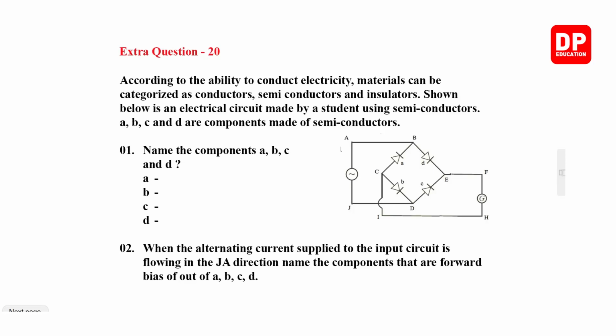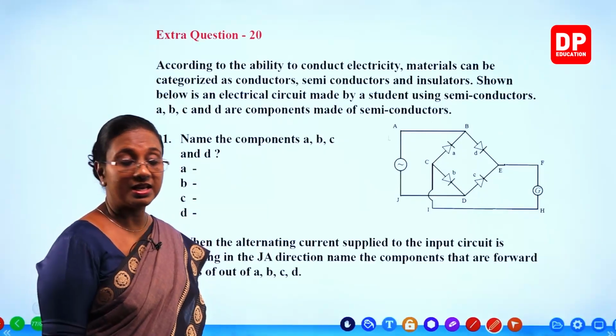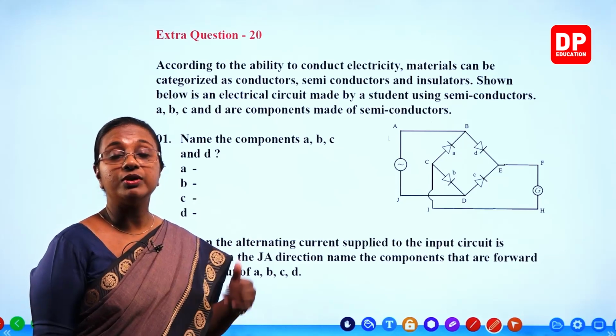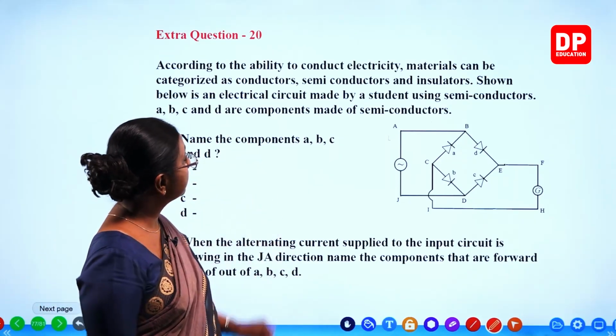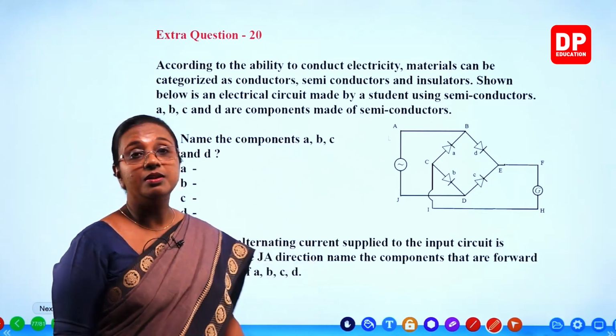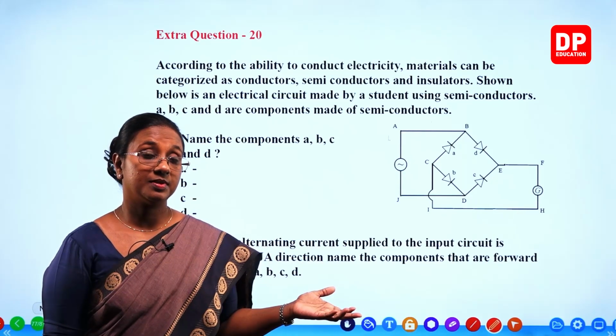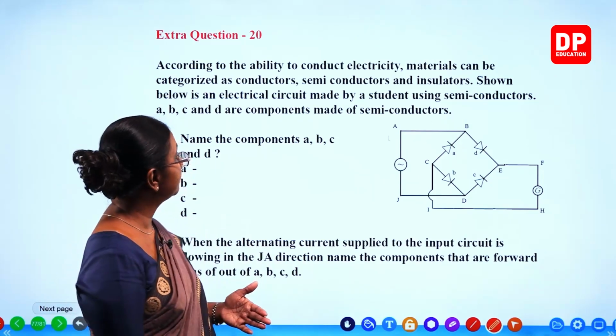Here I have extra question 20. According to the ability to conduct electricity, materials can be categorized as conductors, semiconductors and insulators. You are familiar with all that. Conductors allow current to flow easily through them, whereas semiconductors allow only a small amount of current to flow through them, materials like silicon and germanium.